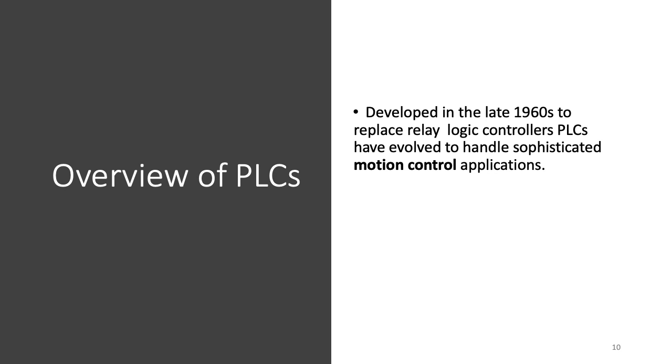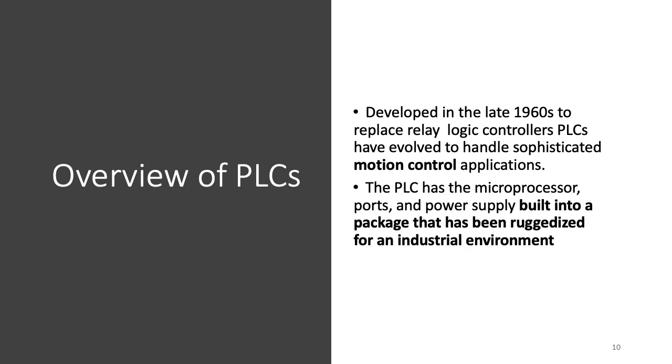Developed in the late 1960s to replace relay logic controllers, PLCs have evolved to be able to handle sophisticated modern control applications. The main difference between PLCs and other devices discussed in this section is that the PLC has the microprocessor, ports, and power supply built into a package that has been ruggedized for an industrial environment.